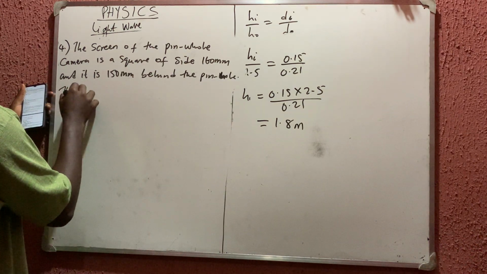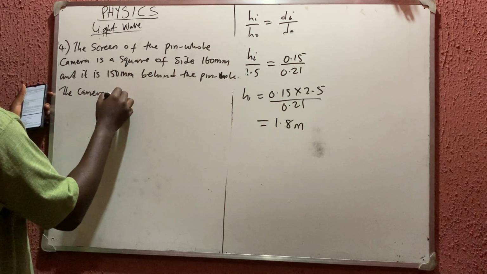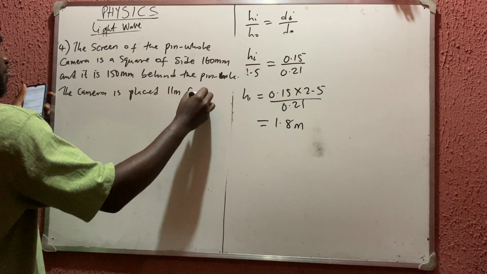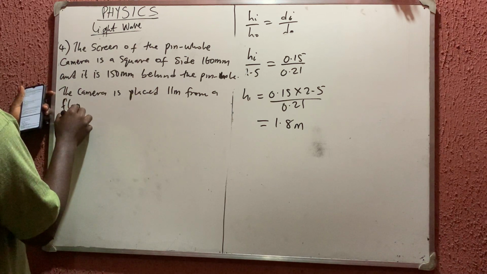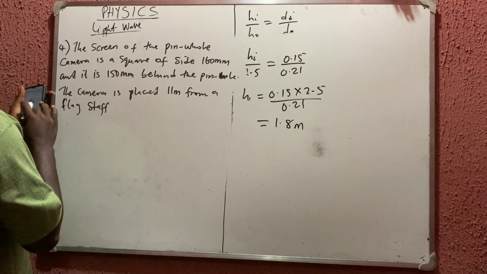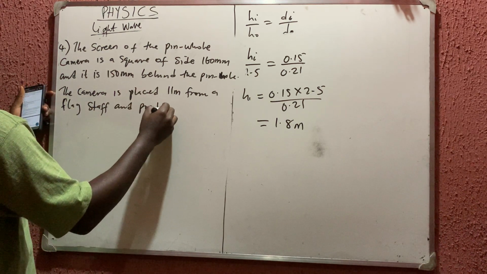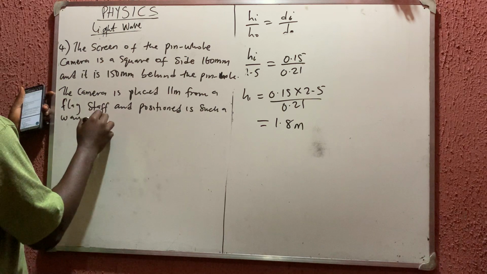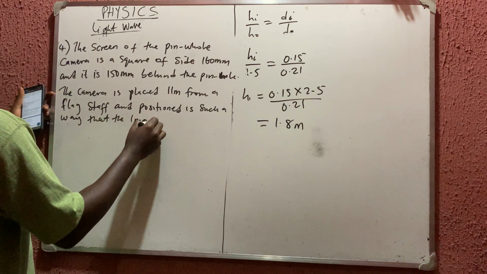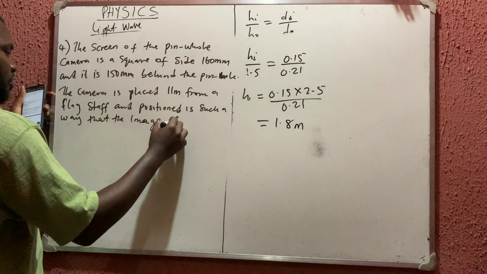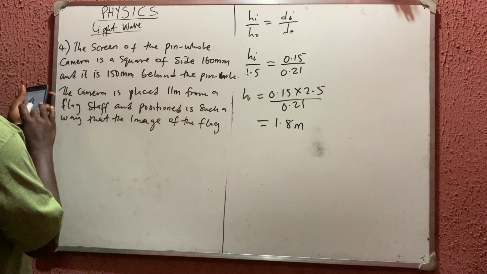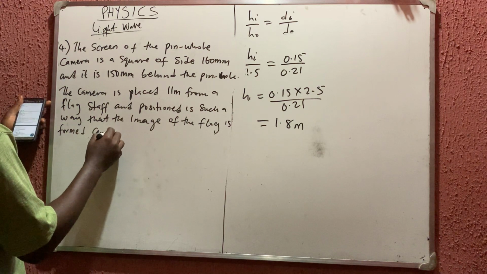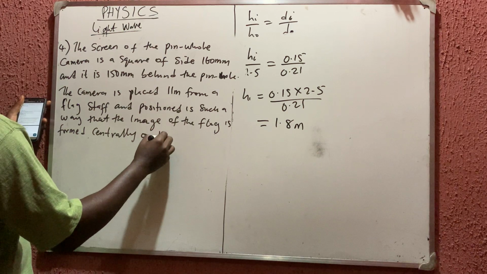They now say the camera is placed 11 meters from a flagstaff and positioned in such a way that the image of the flag is formed centrally on the screen.